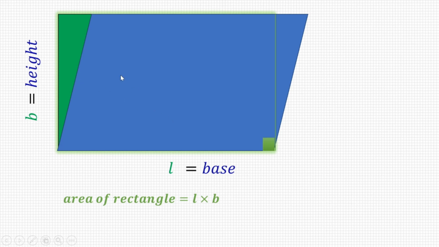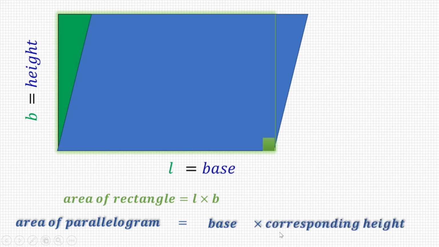But how do we get the area of this parallelogram? By multiplying this measure with this. So this is the base of the parallelogram and this is the height of the parallelogram. So we can say area of parallelogram is equal to base, because length is base, and corresponding height.